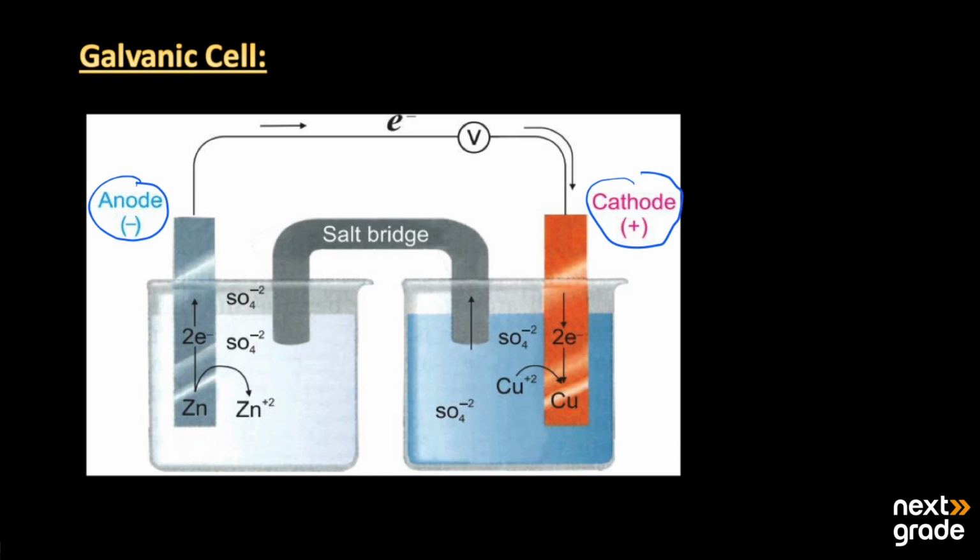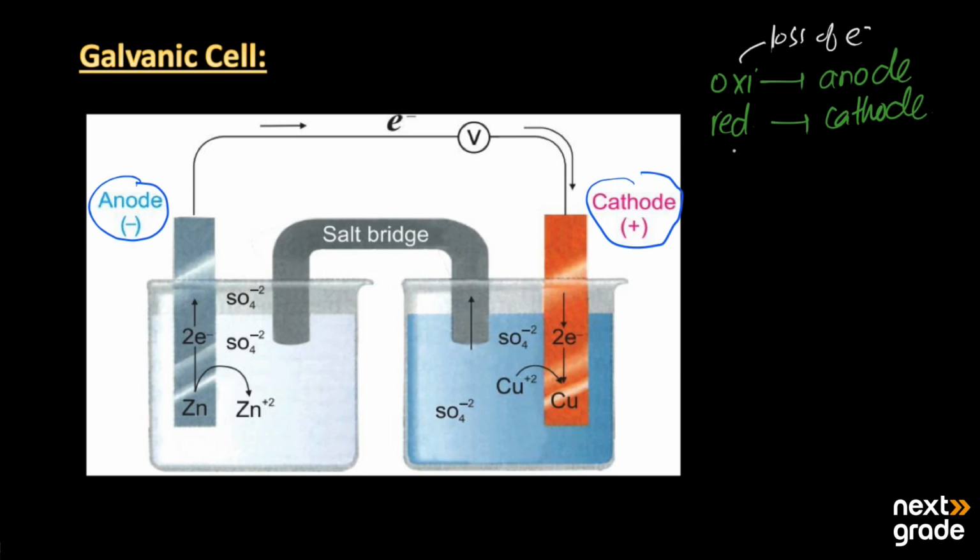The one thing you must know: the process of oxidation always takes place at the anode and the process of reduction always takes place at the cathode, because the loss of electrons always takes place at the anode. Here we have the loss of electrons, and the gain of electrons happens at the cathode. So here the process of reduction takes place.